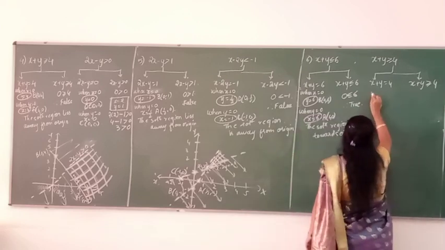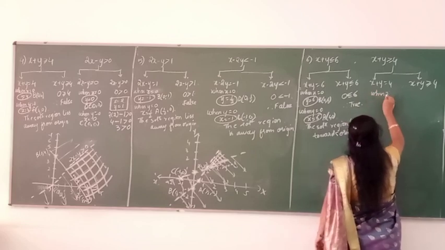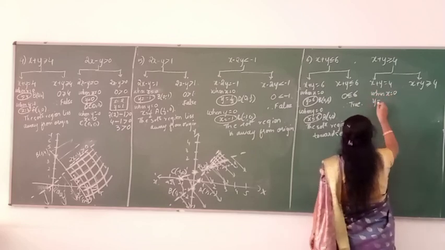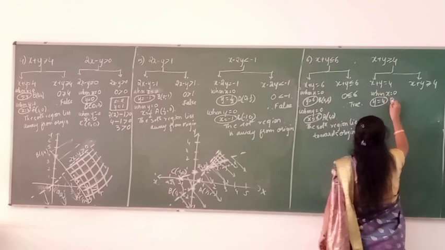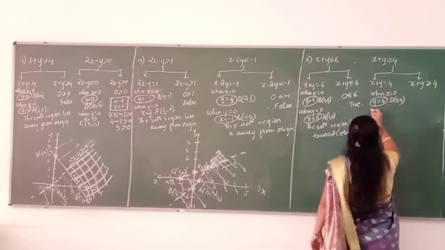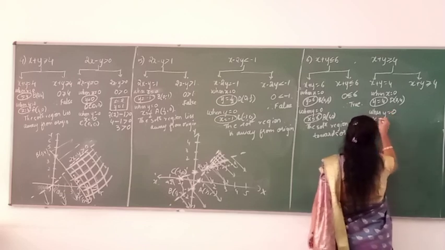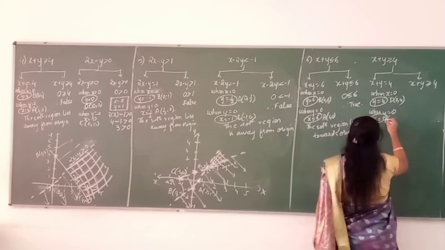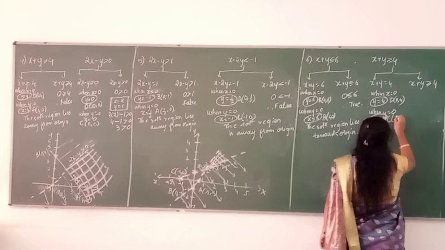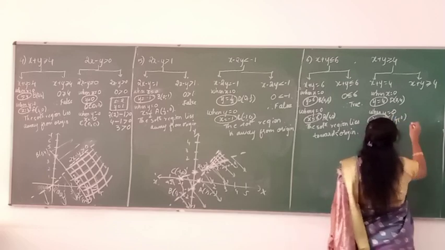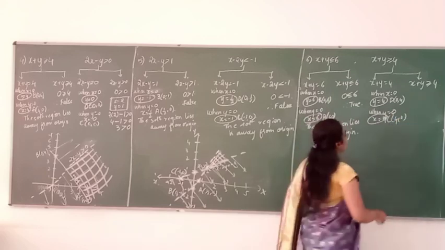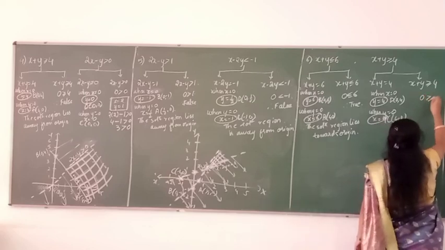Fine. And here when x is 0, y we are getting 4, which is nothing but b is 0, 4. And next one, when y is equal to 0, x you are getting 4, which means c is nothing but 4, 0. Okay. Now just substitute. So 0 is greater than or equal to 4.